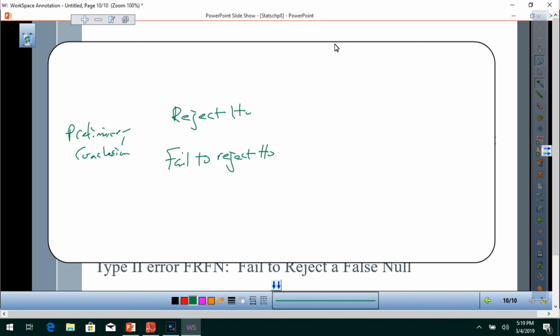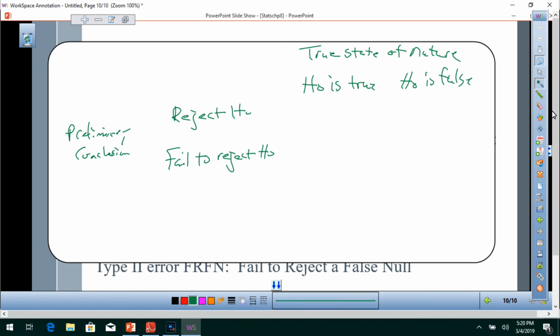And then over here, the true state of nature: the null hypothesis is true, and the null hypothesis is false. We're just making a little table here so I can show you how all this fits in.